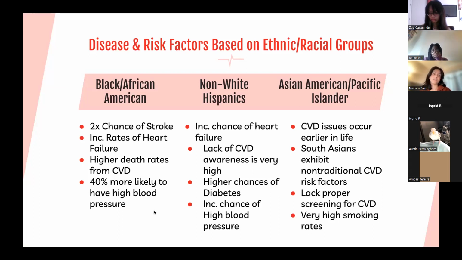Specifically, when we look at Black or African American communities, there is an overall 2 times higher chance of developing stroke when compared to people of the white community, along with an increase in rates of heart failure and higher death in general from CVD. There's also a 40% more likely chance to have high blood pressure. And as most of us know, high blood pressure is the leading cause of cardiovascular disease.